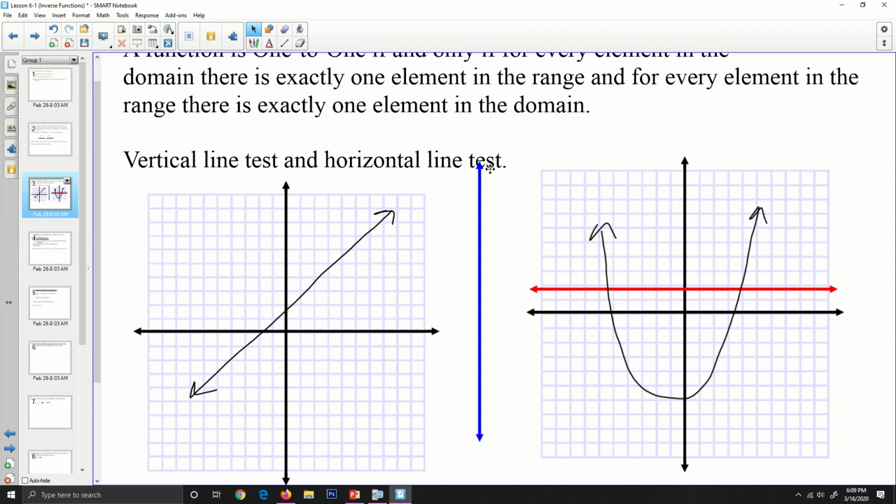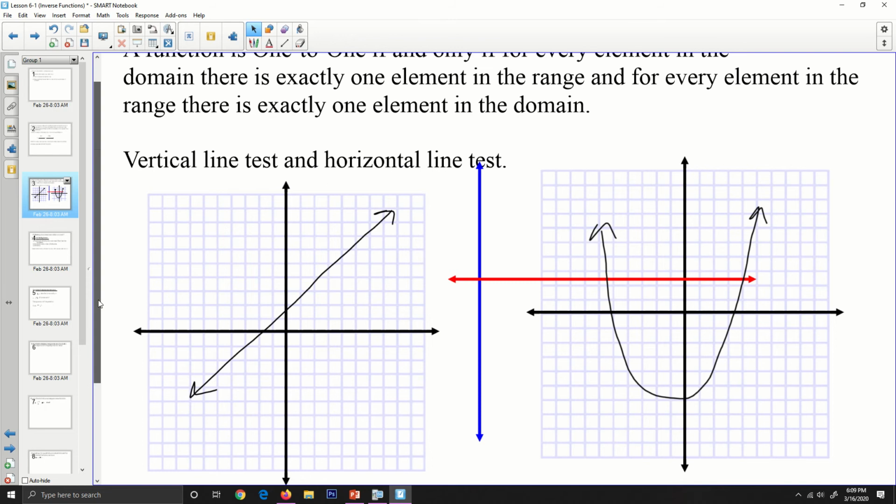But it must also pass a horizontal line test. So when we talk about this horizontal line test, we see that this relation passes through the horizontal line at two places, whereas this linear relation over on the left-hand side only passes the horizontal line through one place.